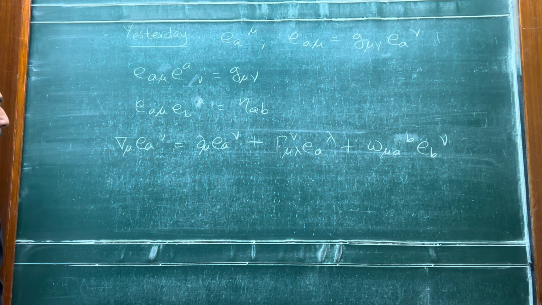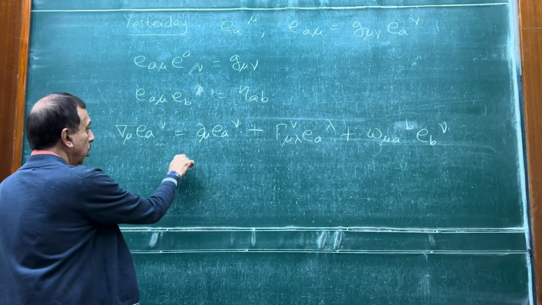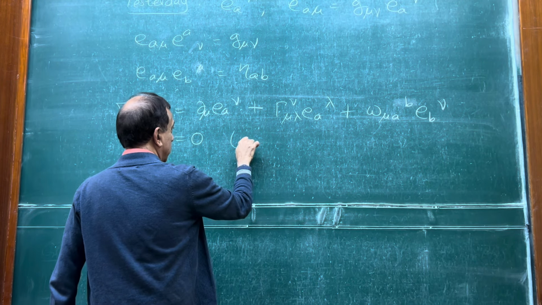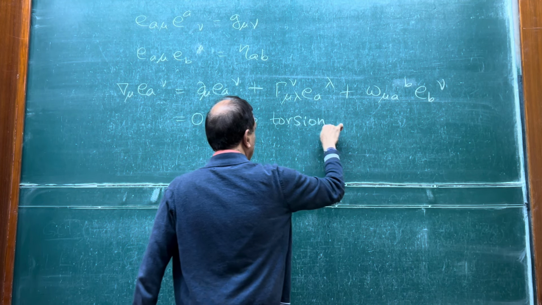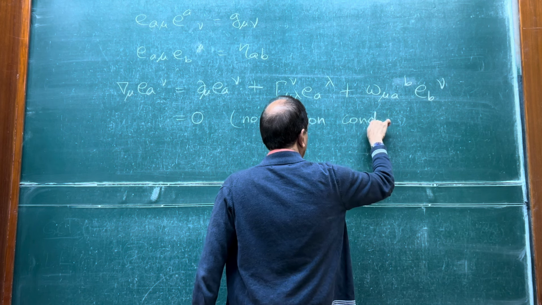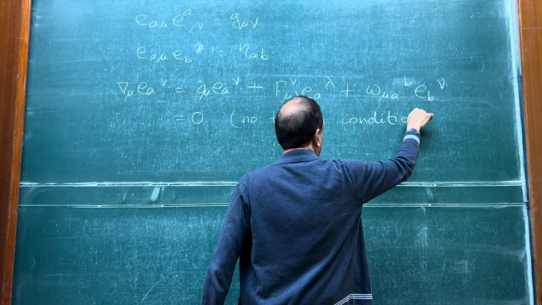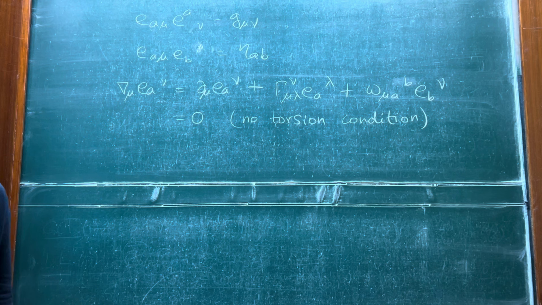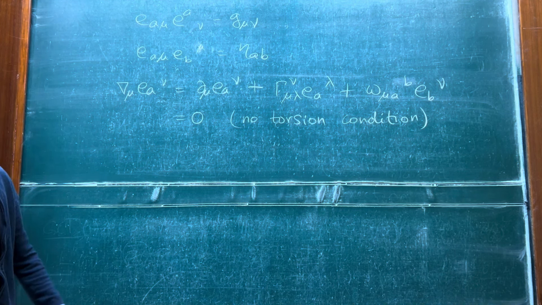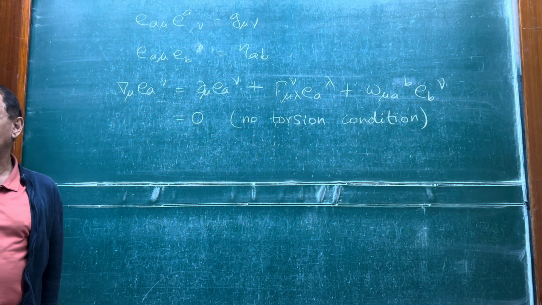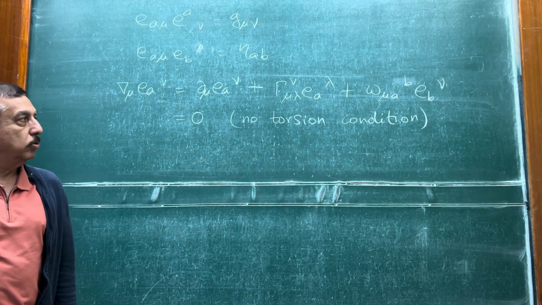Yes. And we set this to 0 and we called it the no torsion condition. And I said that, and I stopped at the point where I said that we can use this to solve for the spin connection. So what do we do?